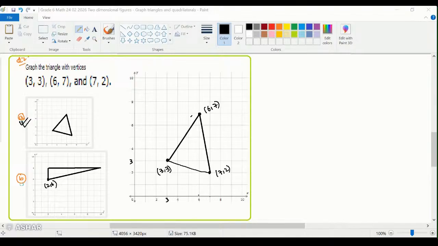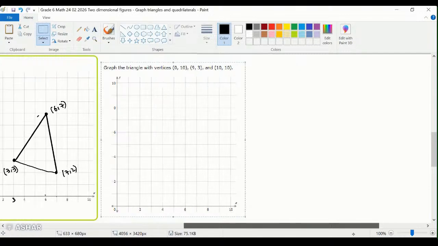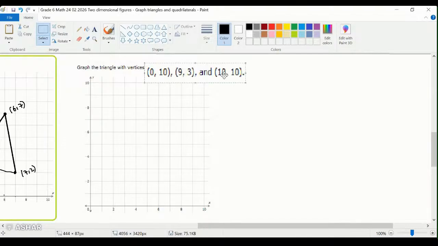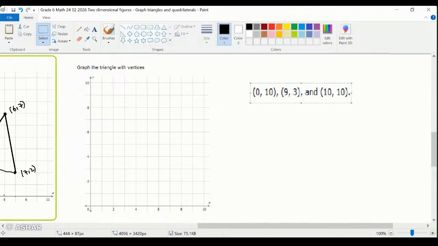Let's copy the next question. It says, graph the triangle with the vertices. This would be question number 3. Okay. And the vertices given to us are, these are the coordinates given to us that we need to draw. Sorry, just a moment.